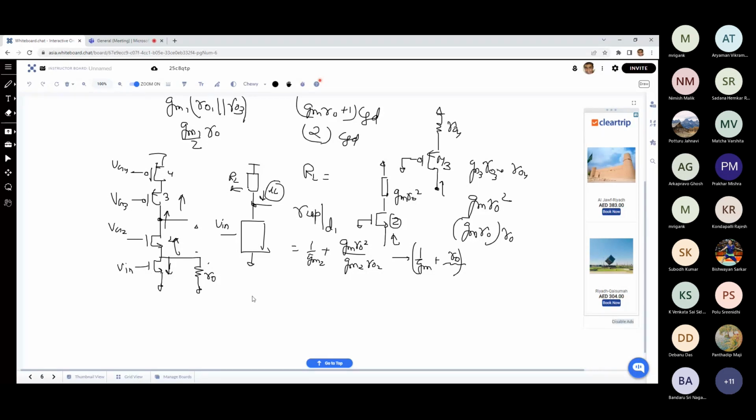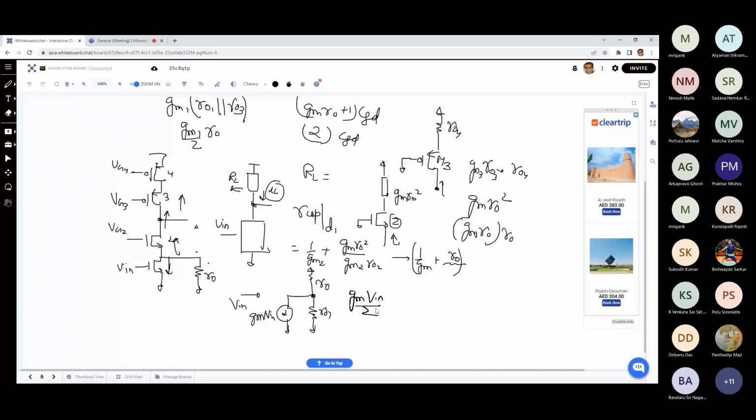Whatever small signal current is being produced, you are applying a Vin, and that is producing gm Vin, and you have the MOSFET M1's own ro1, but looking upward between this point and AC ground, you also have another ro. So what current will go into the upward ro? It will be half, so gm Vin by 2.